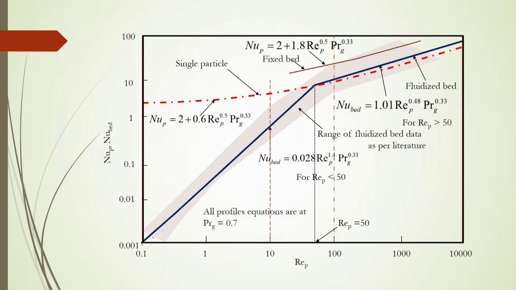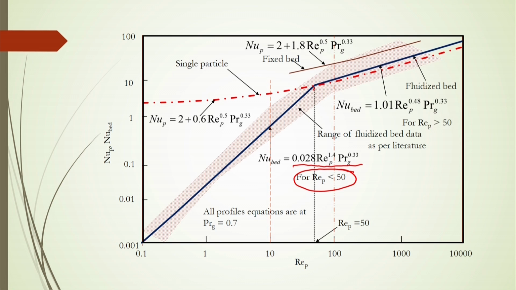Up to a Reynolds number of 50, there will be a certain increase of the Nusselt number of the bed, and this profile is followed by the equation Nusselt number of bed equals 0.028 Reynolds number to the power 1.4 into Prandtl number to the power 0.33, within a range of Reynolds number of particle less than 50.